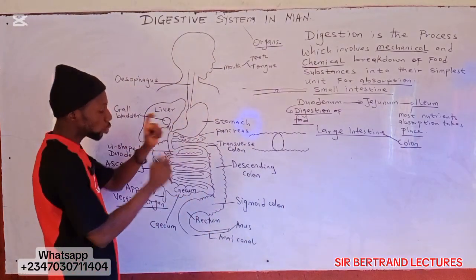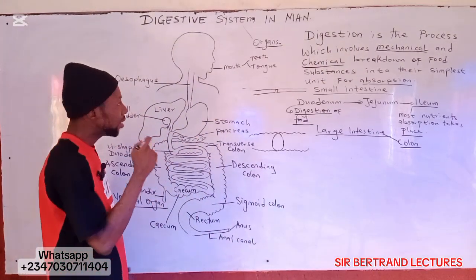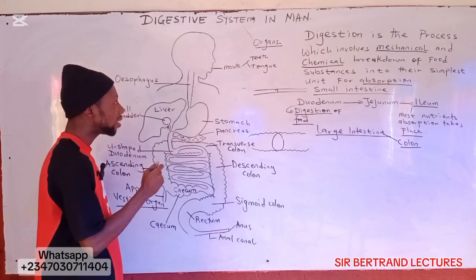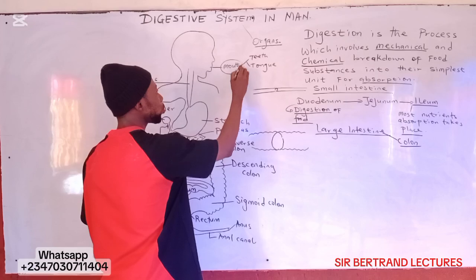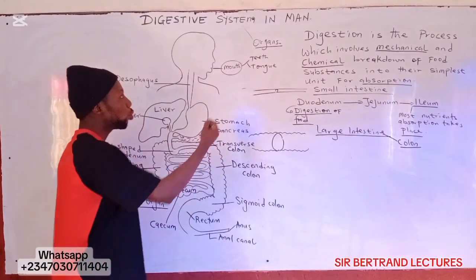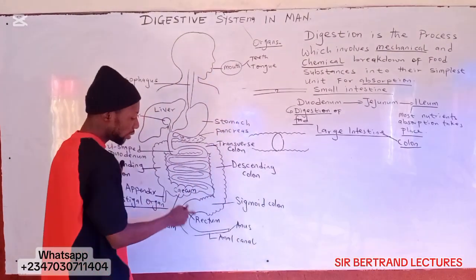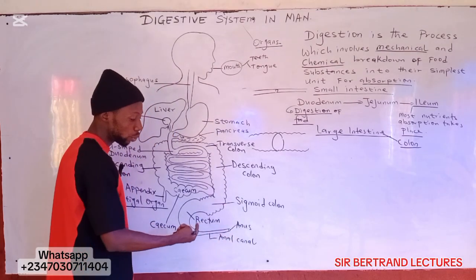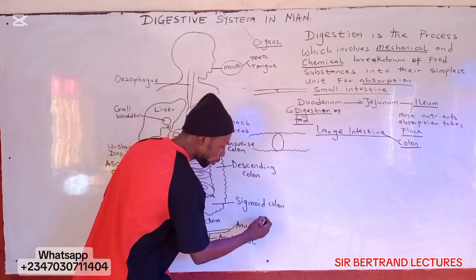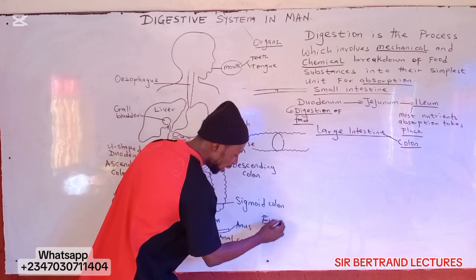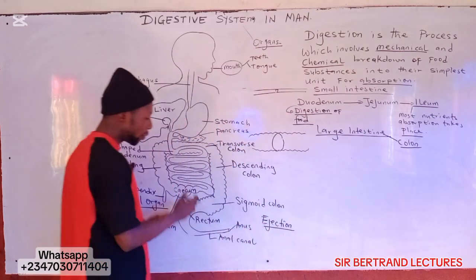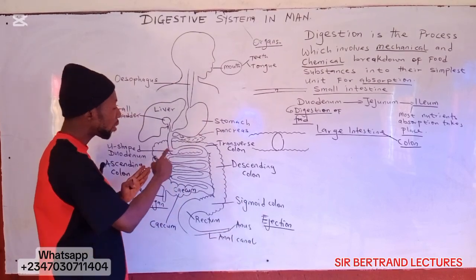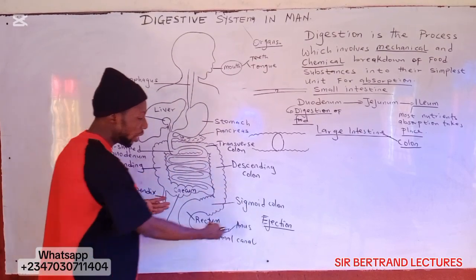Now, man has a double opening in the GI tract. The digestive system of man comprises the mouth, which is the opening through which the food enters, and here we have the anus, through which the undigestible food particles are removed through the process known as egestion.